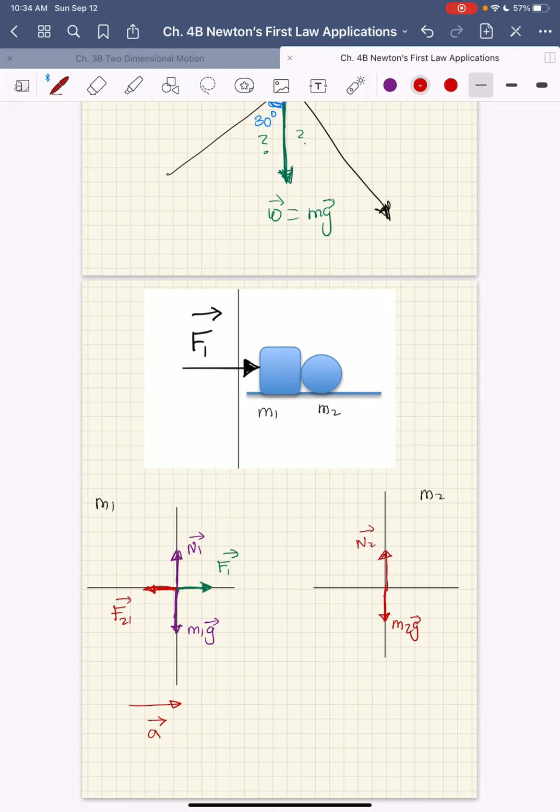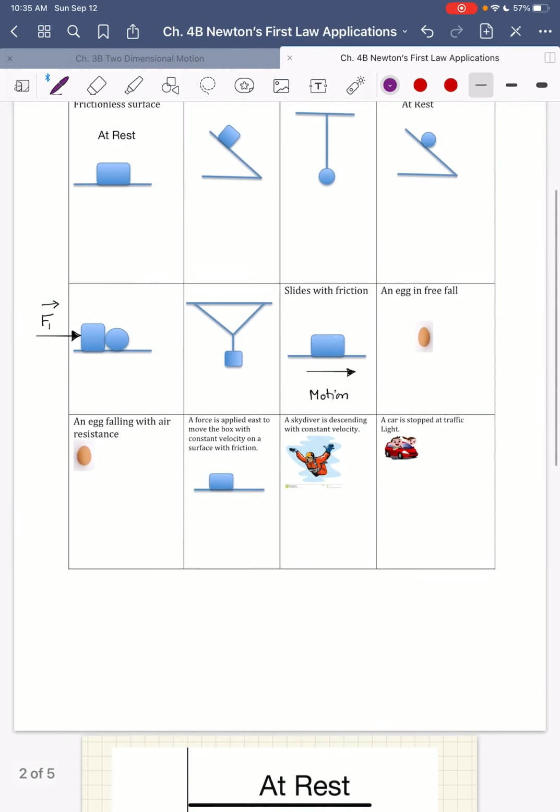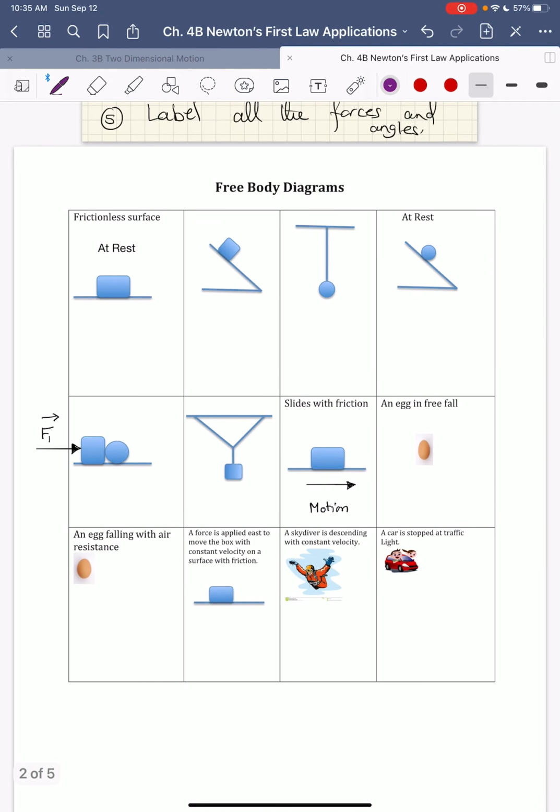And there is a force in that direction here, and that force equals F on 1, but it is now F from 1 on 2, and I have the acceleration vector also in this direction, because they're going to accelerate in the same direction. I will have also this one now.